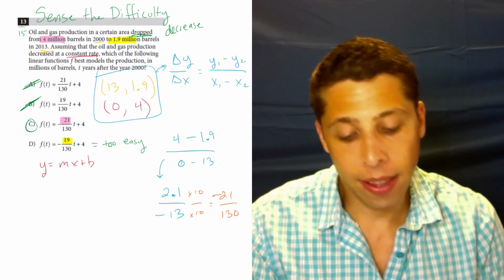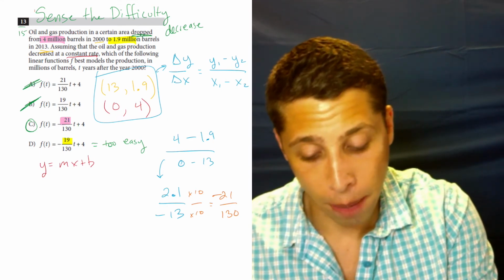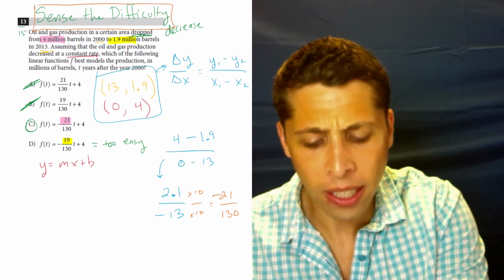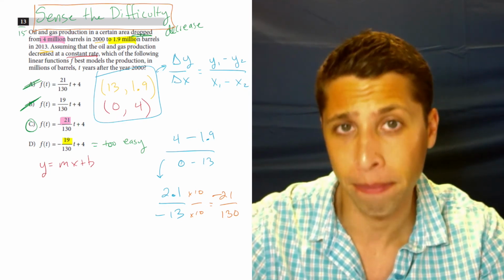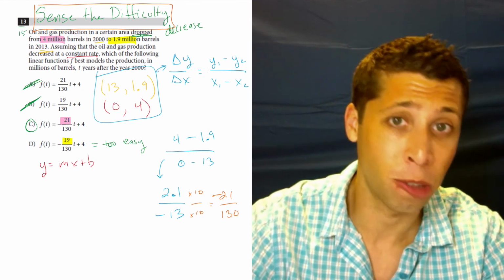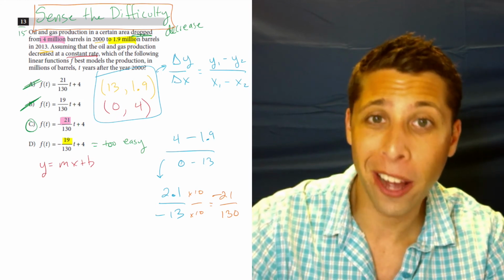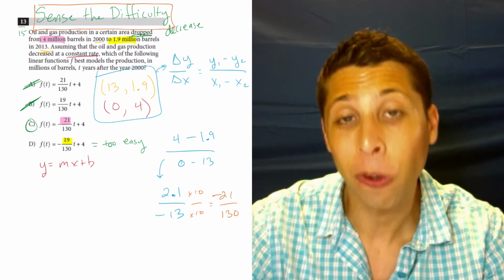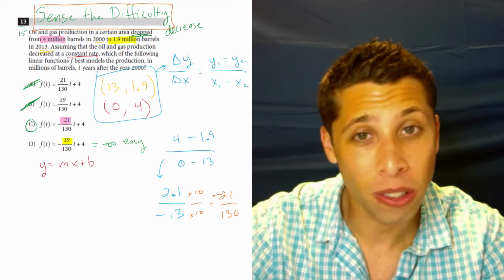But the key piece here, especially if you're running short on time, is that just thinking in terms of where you are in the test can save you some points on some difficult questions, right? If we know a question is supposed to be hard, we should think about whether we get an answer too quickly or too easily without doing a lot of work. On a hard question, that's a dangerous sign.